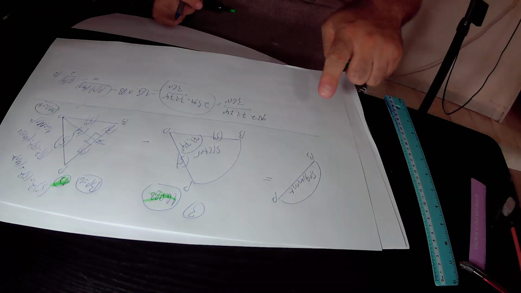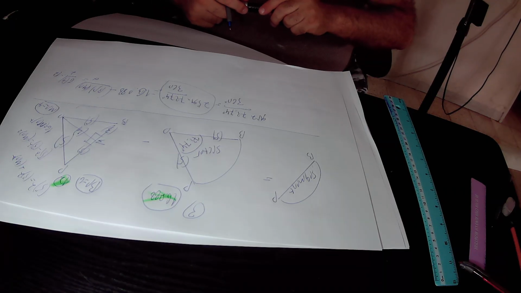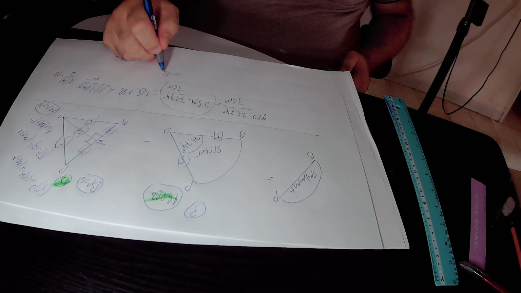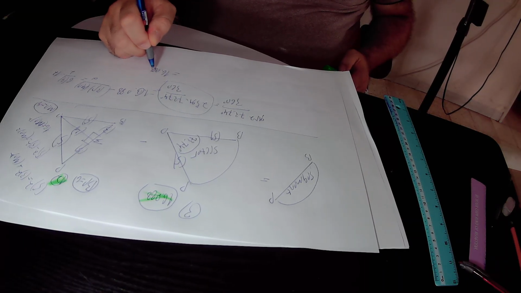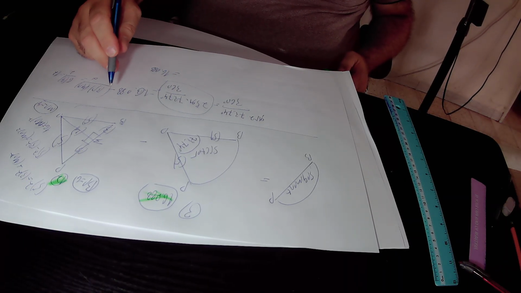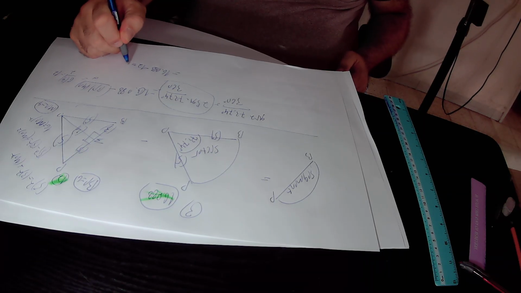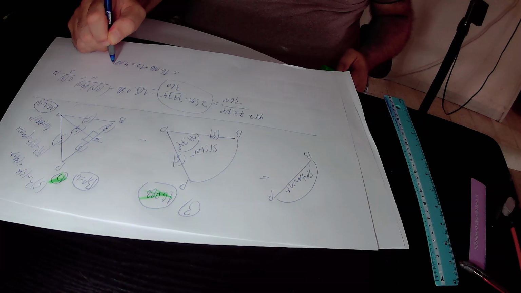So in total the area of segment BP will be equal to 16.088, that is the area of the sector, minus the area of this isosceles triangle, that is 12 square units. 16.088 minus 12 is 4.088.